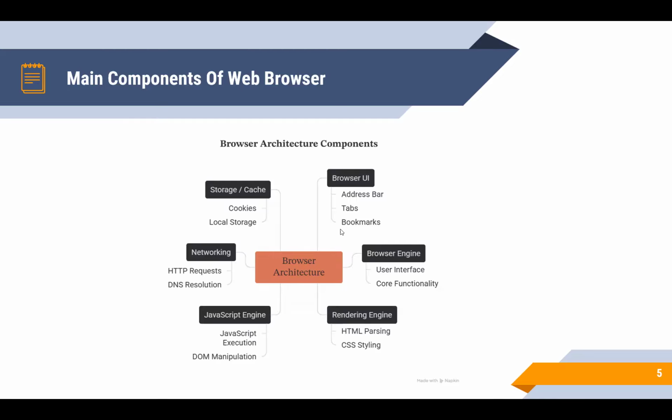How things are coming from the server, this responsibility is from the networking. If networking is there, then we are able to get all the files. Files coming from server to client, that is the responsibility of the networking.